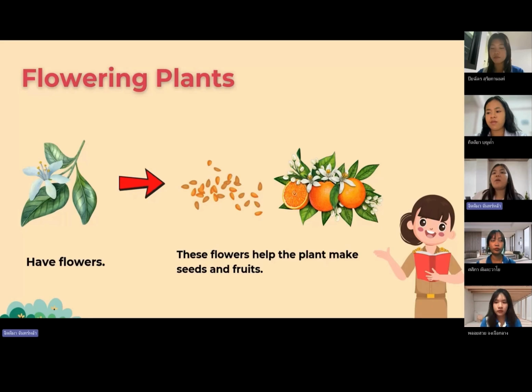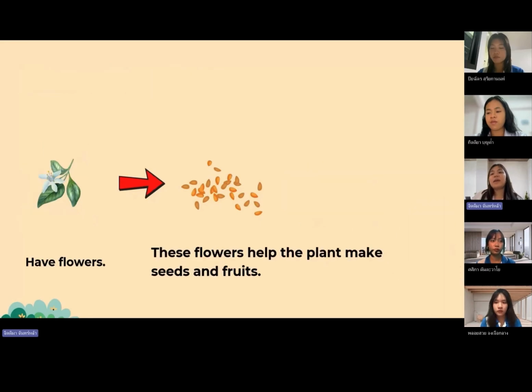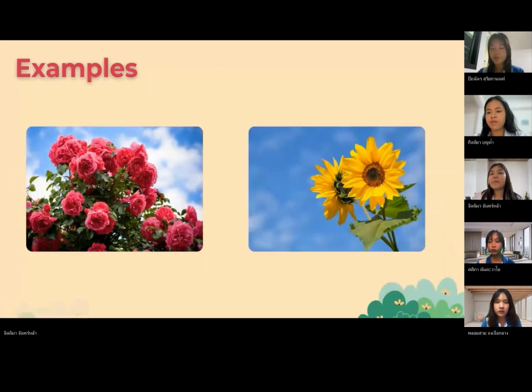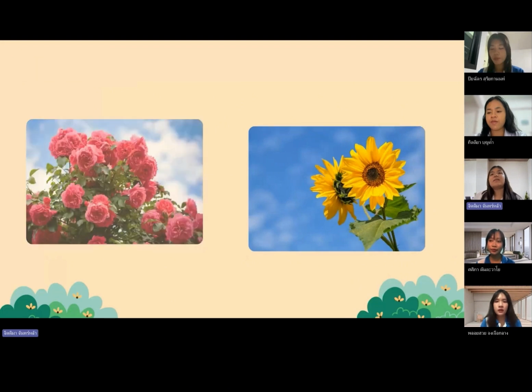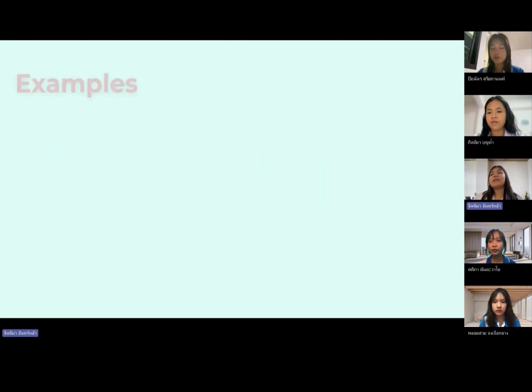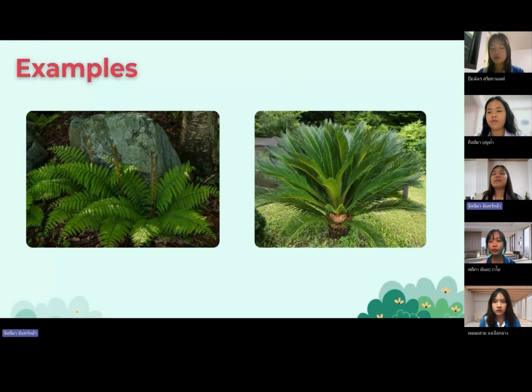Examples of flowering plants are rose and sunflower. And non-flowering plants do not have flowers. They reproduce using spores, and spores are very small. Examples of non-flowering plants are fern and cycad.